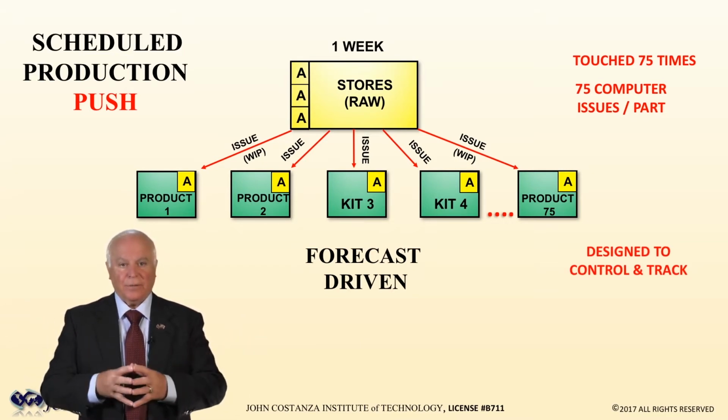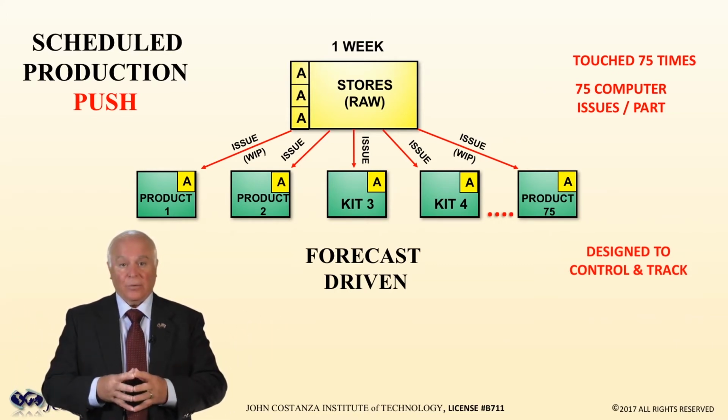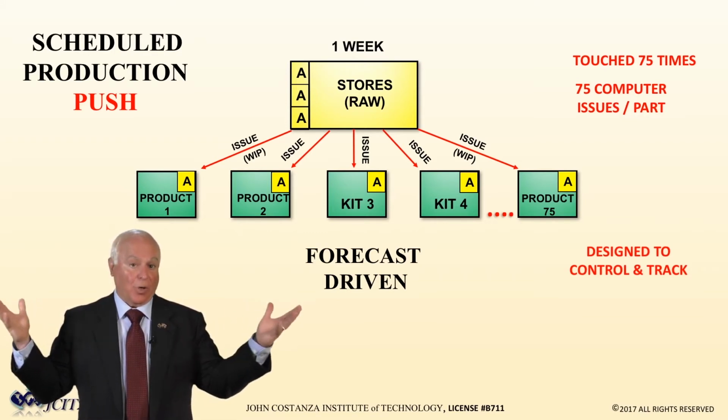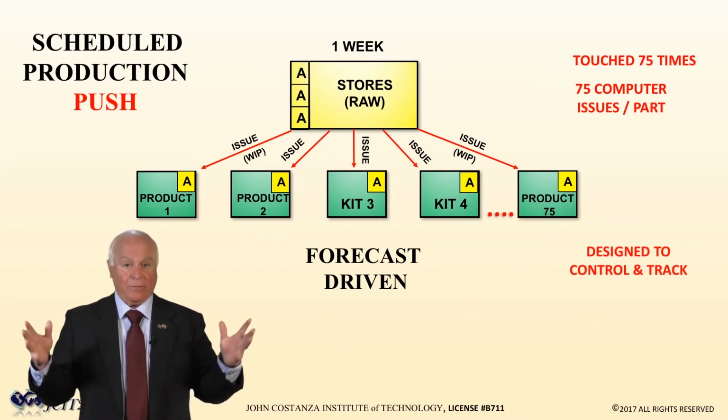Scheduling or push was designed to control and track when the processes were scattered all over the plant. Scheduling is fine for forecast-driven products, but it is a real pain for demand-driven products and competitive corporations.